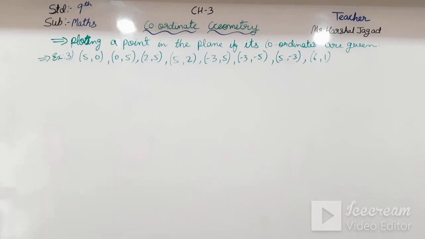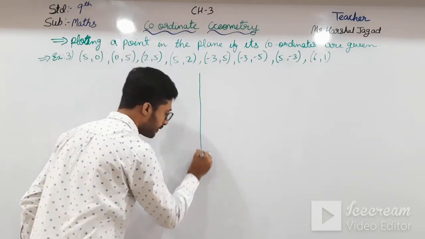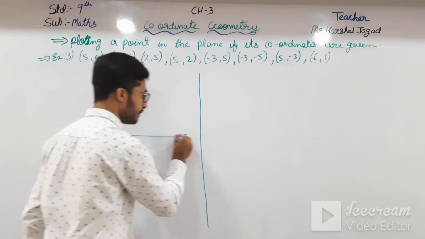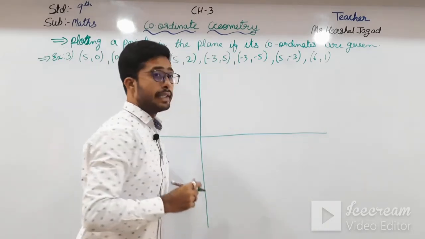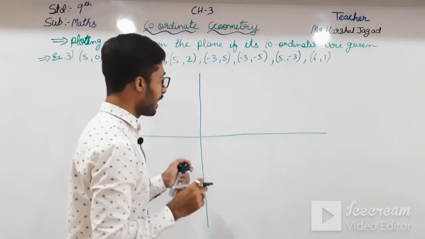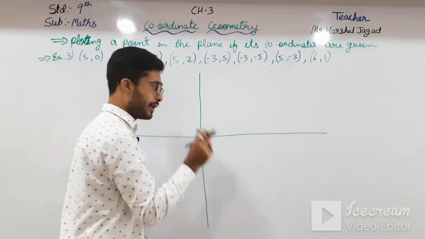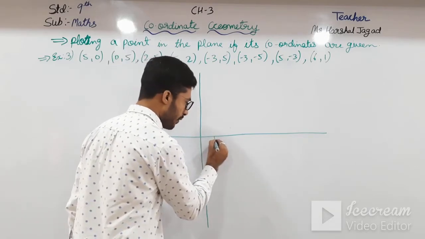See here, let us see that. First of all, drawing the graph over here. Okay students, first of all, in your book you just have to take 1 centimeter equal to 1 unit. So first measure 1 centimeter, then give 1.